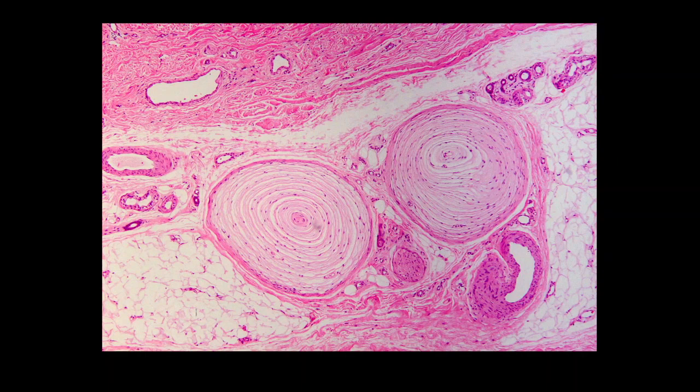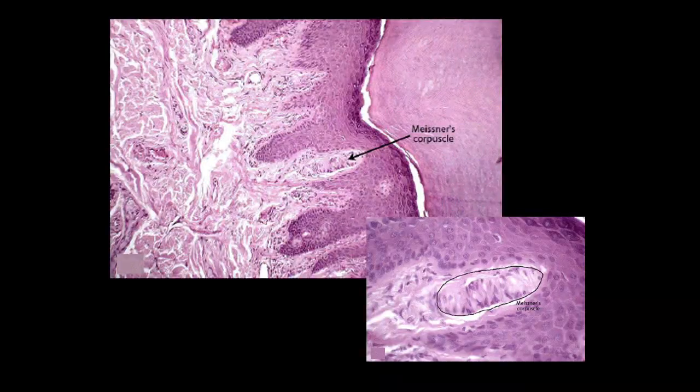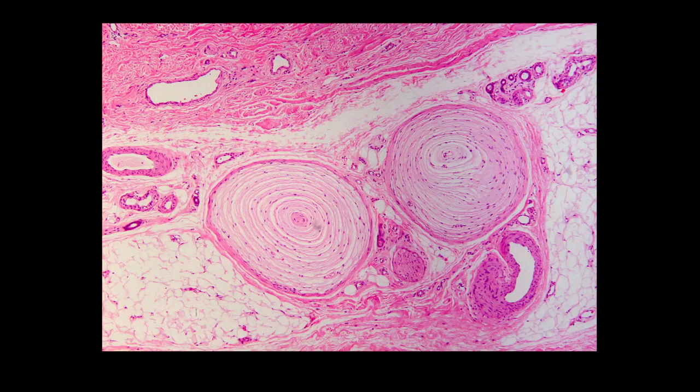Let's skip to other receptors. And what do we have here and here? So, these are Vater-Pacinian corpuscles, large oval structures like this. These are the Pacinian corpuscles. They are much smaller on our specimen.